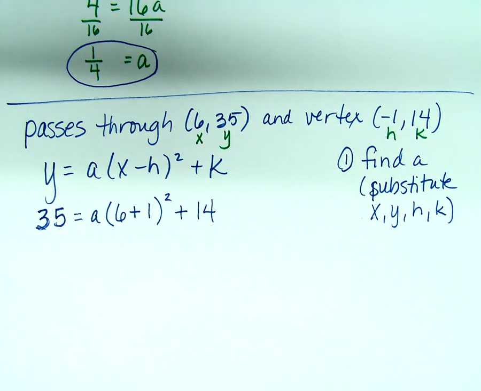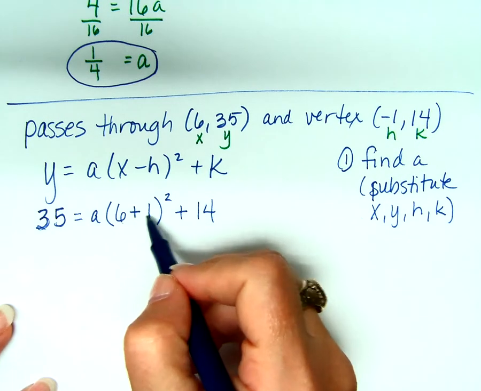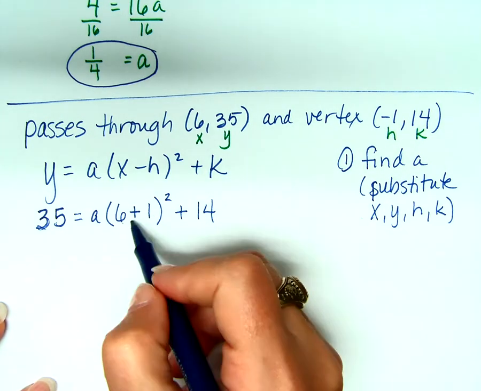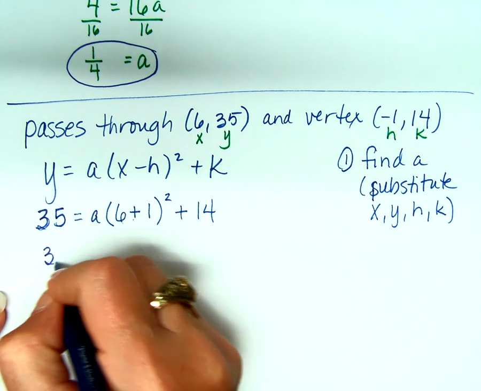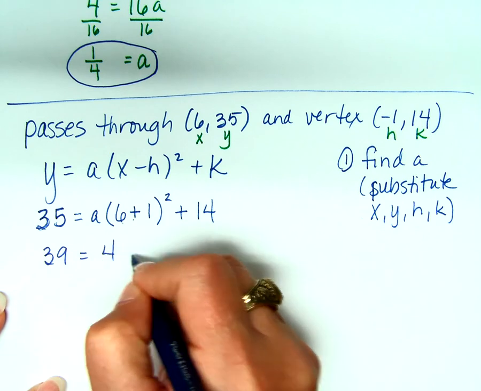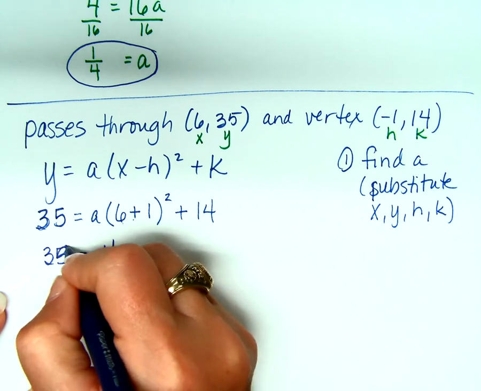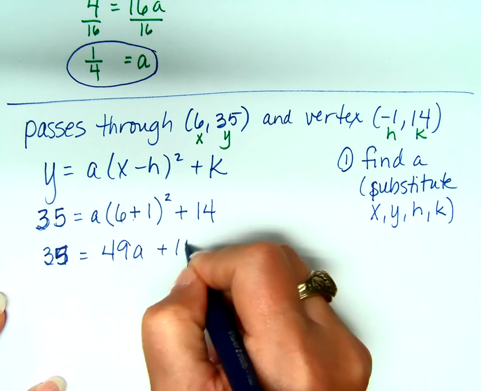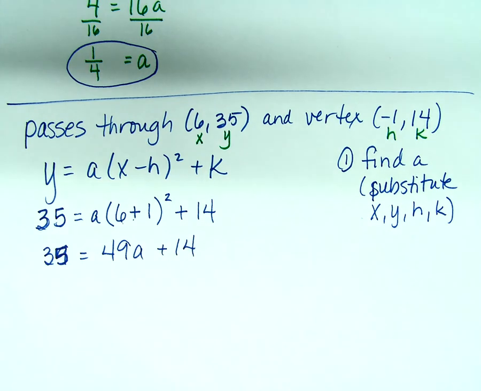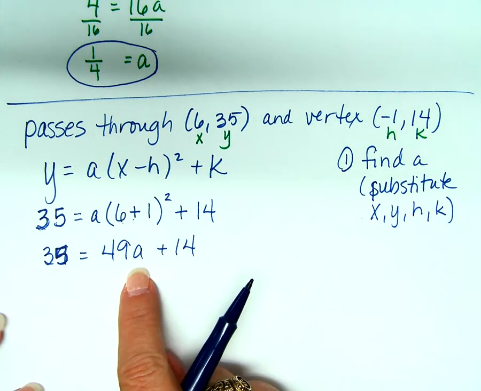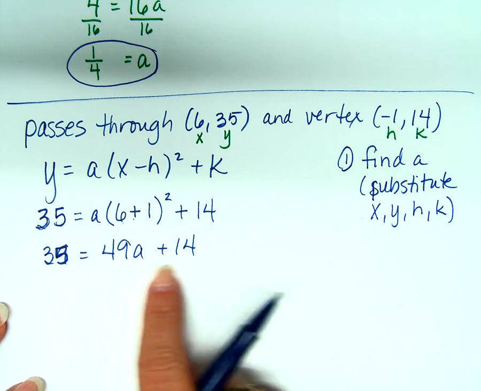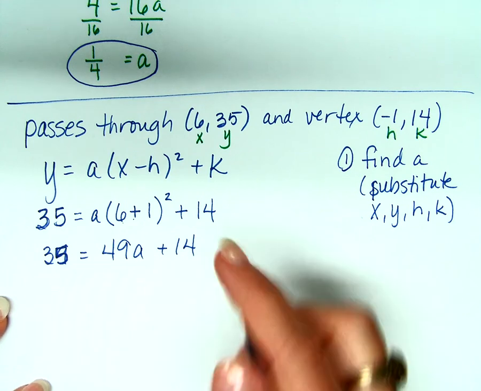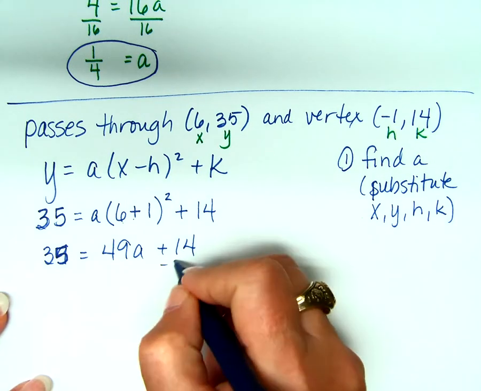Everybody good so far? What is 6 plus 1? 7 squared. So 35 equals 49a plus 14. So this is a 7th grade math problem, right? You're already writing on the steps. I can see you. Good job. Do it.